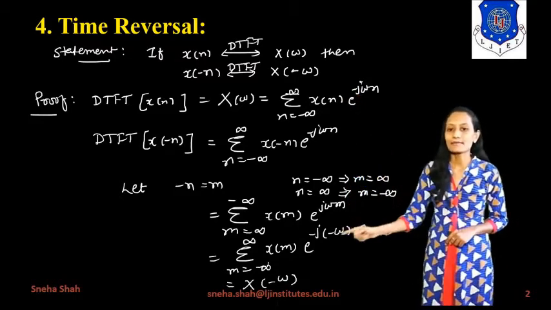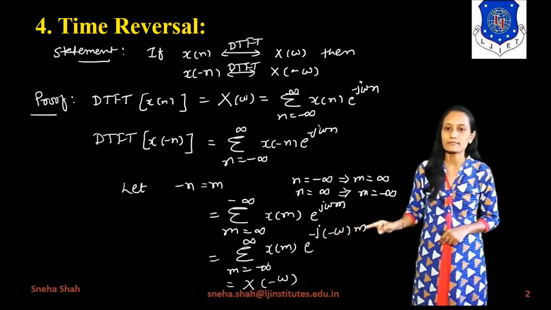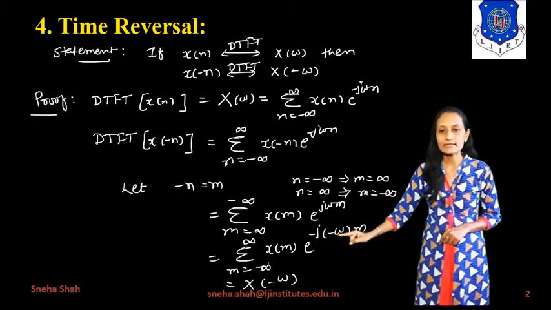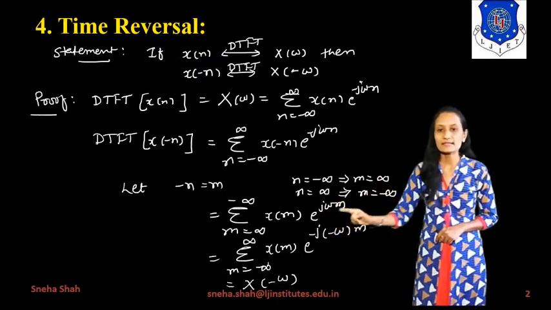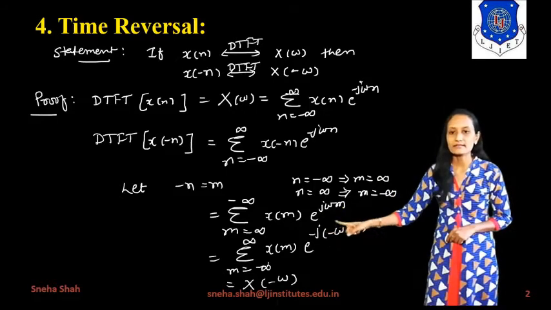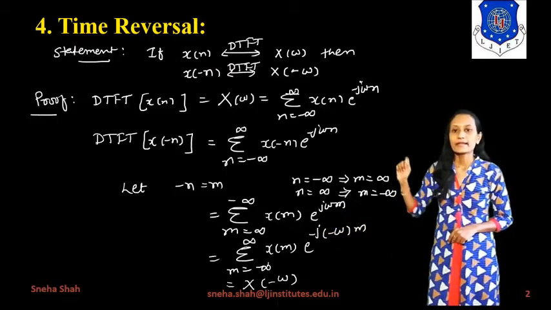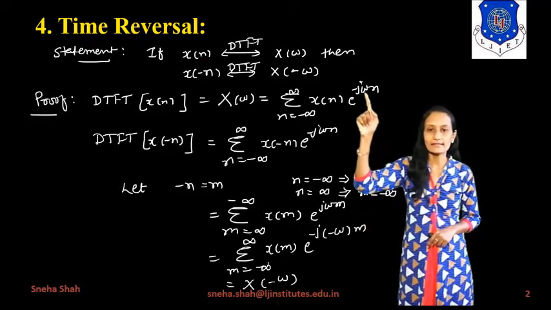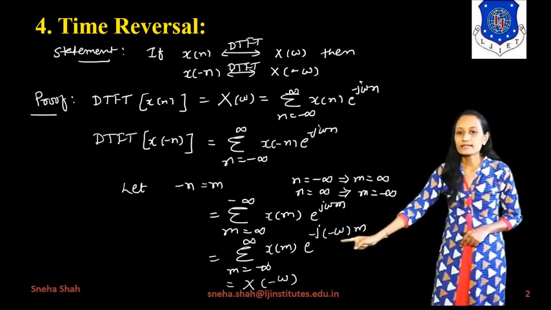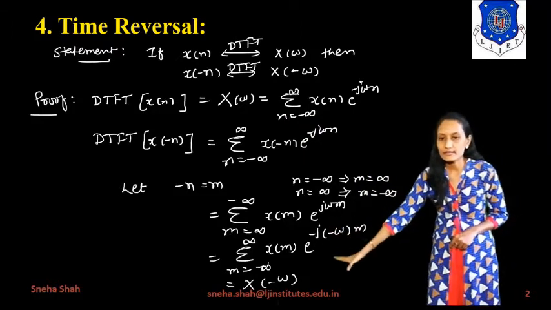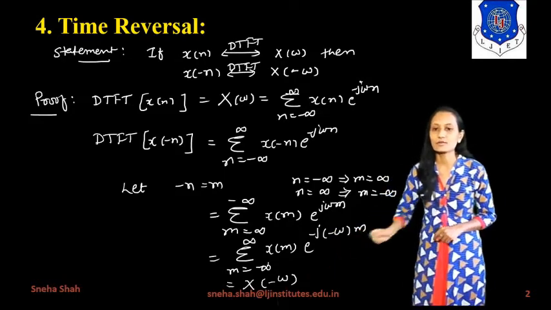So I write e raised to minus j into minus omega into m, which is minus minus, plus j omega m, right? So we have rearranged this term like this: e raised to minus j into minus omega into m. Now, if I write omega here, it would represent X of omega, but here the term is minus omega, so this particular equation we consider as capital X of minus omega.